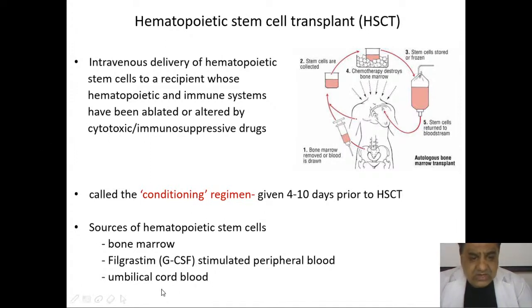You are using peripheral blood or cord blood and stimulating that blood and using it to grow stem cells, and then you're using those stem cells. Whereas in bone marrow, you're directly using a high amount of stem cells. Ultimately, the aim is to give stem cells to the patient. After the conditioning regimen is over, the patient is intravenously given hematopoietic stem cells. And then you're giving time for them to grow and adapt in the new host.